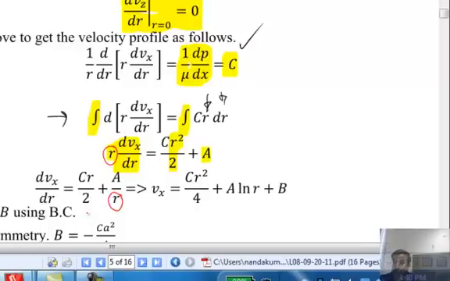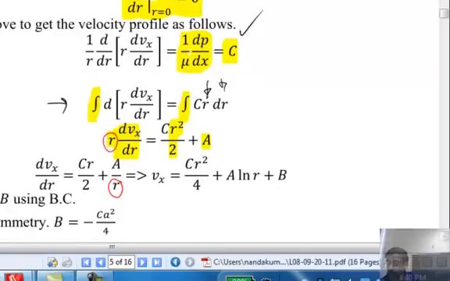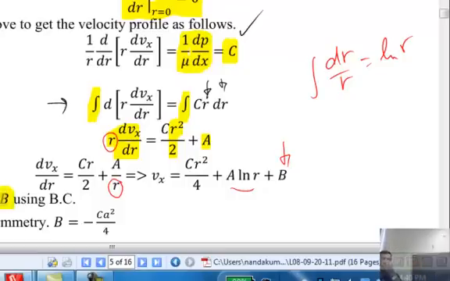So do an integration one more time. That gives you Vz equals C r squared over 4 plus A ln r, because you get dr over r, and the integral of that is ln r, plus another integration constant B. So A and B are unknown integration constants, but C is a known pressure gradient.